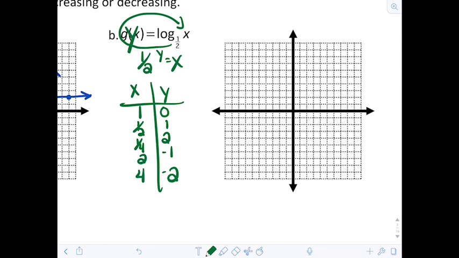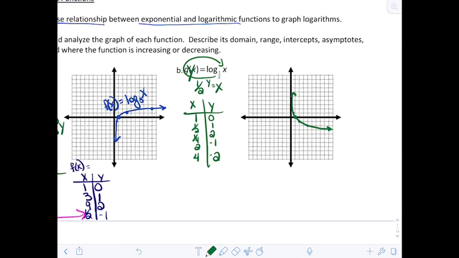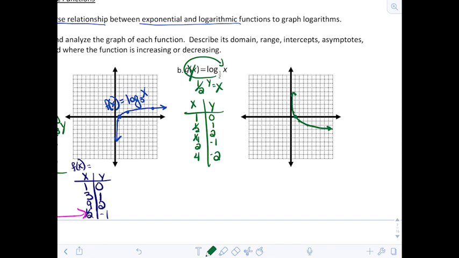So now let's graph this. I have 1, 0. I have 1/2, 1. 1/4, 2. I have 2, negative 1, and 4, negative 2. So this is our logarithmic function, but this is actually decay.